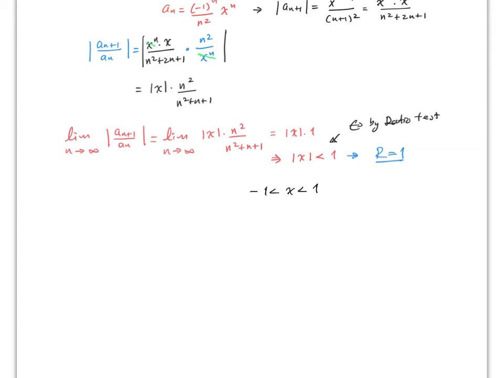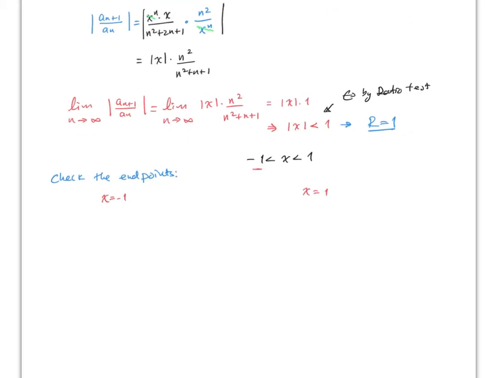But then we have to check the endpoints. And the endpoints are the following. x equals -1, which is this one. And then x equals 1, which is the other one. Okay? All right, so what happens if x equals -1?